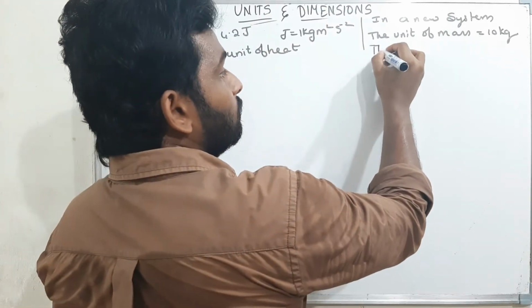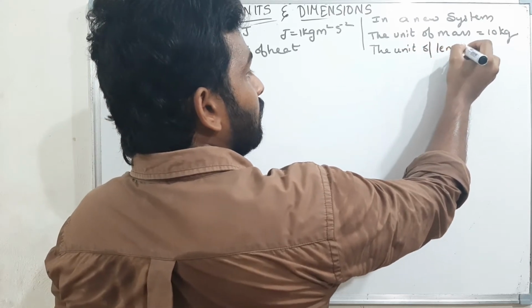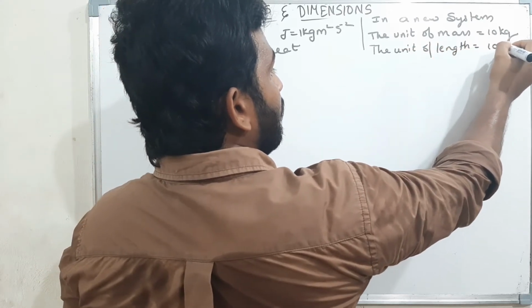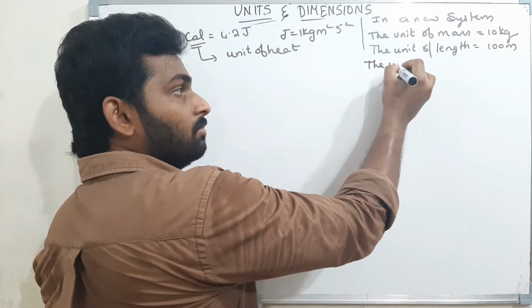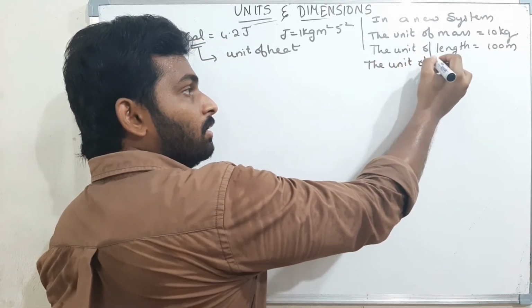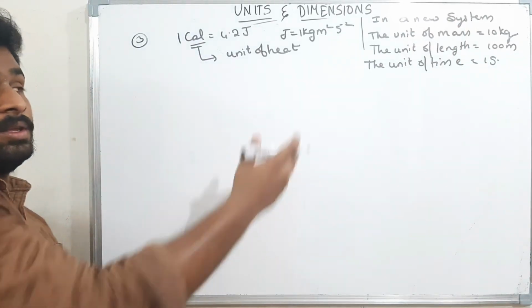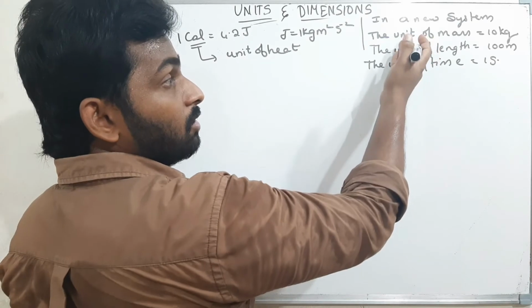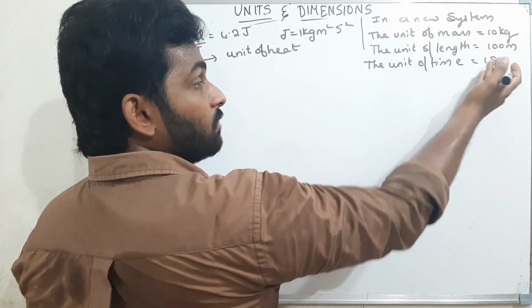The unit of length is 100 meters. And the unit of time is 1 second. These are the units in the new system. The unit of mass is 10 kg. The unit of length is 100 meters. The unit of time is 1 second.